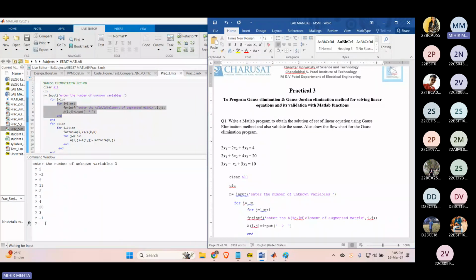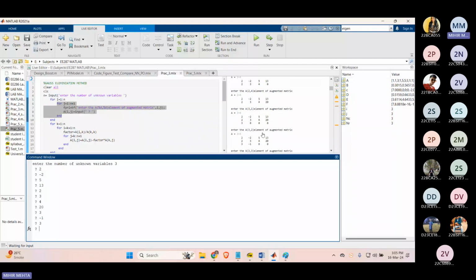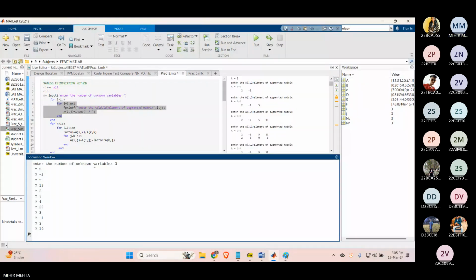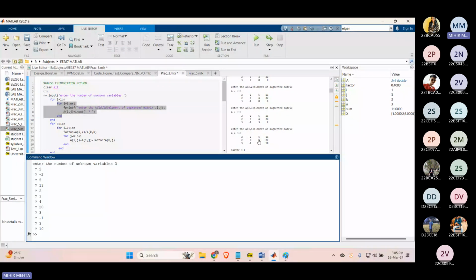So this becomes 3. And finally, the coefficient of the third row, fourth column is 10. So here the coefficient becomes 10. So this is how I have entered the entire matrix here.